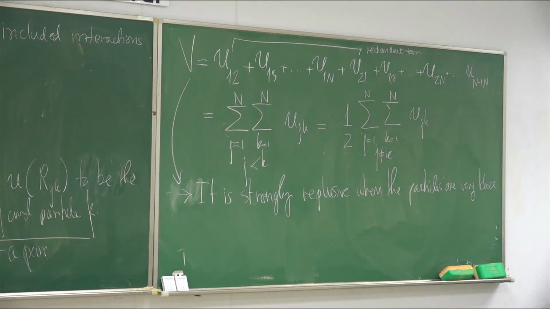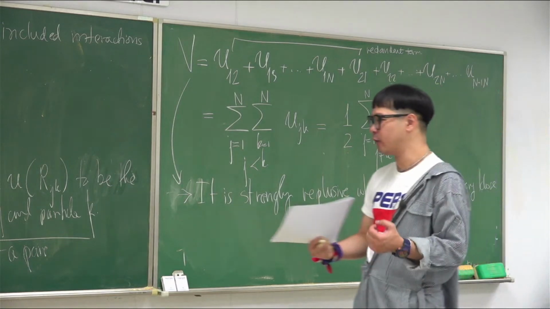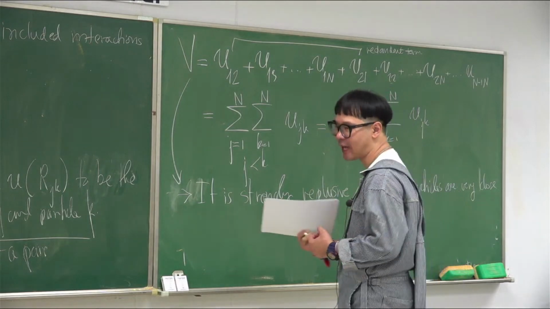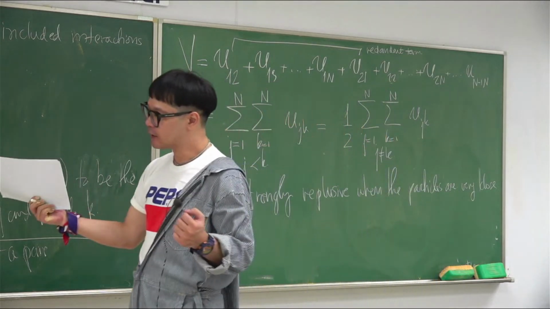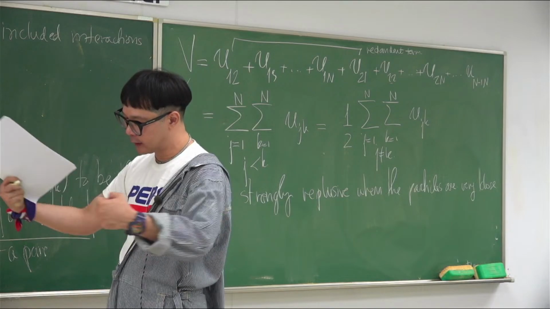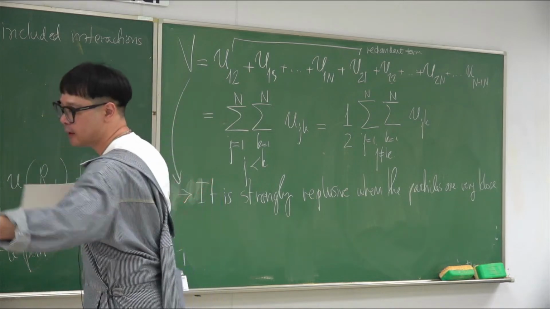Because otherwise your particles will bump into each other, right? We don't want that kind of situation. We just need that when they get very close to each other, they just split.